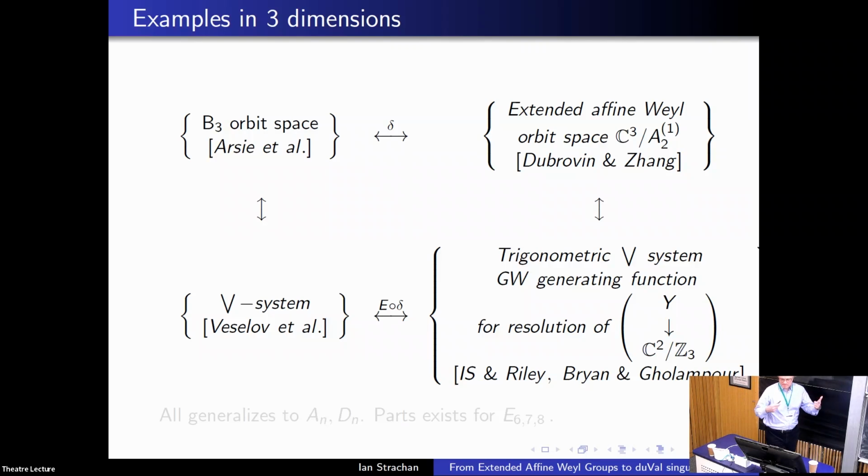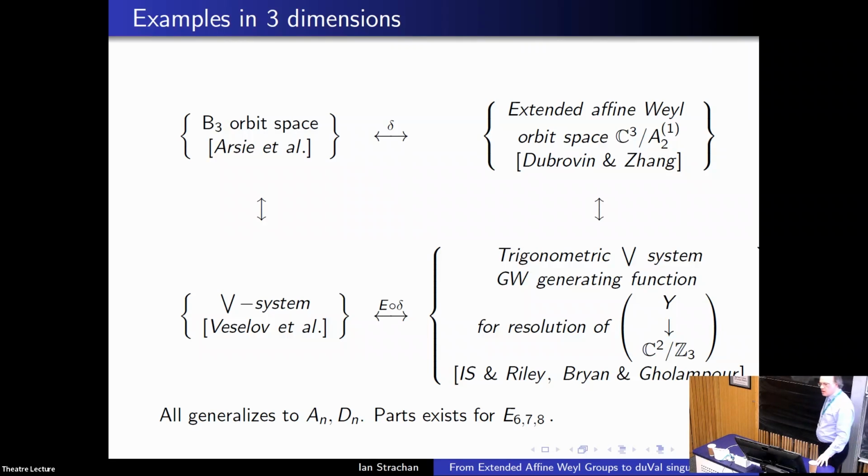And this map between these various objects is something I did with a research student, Andrew Riley, a few years ago. So all this actually generalizes to A_N and D_N. I'll say a bit more about that later, and I'll give a cleaner description of this object on the bottom right.